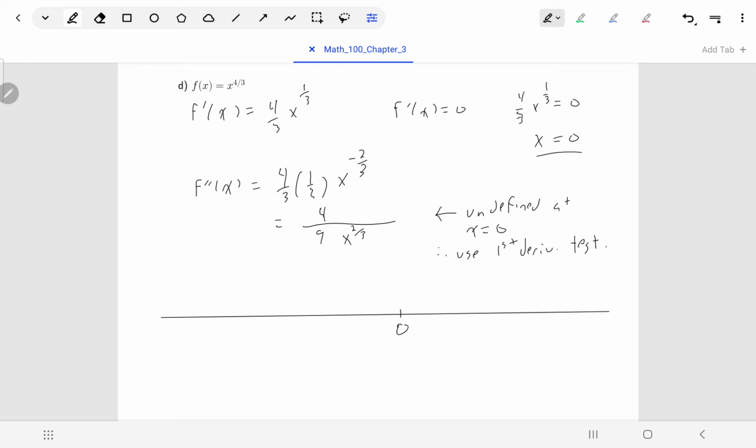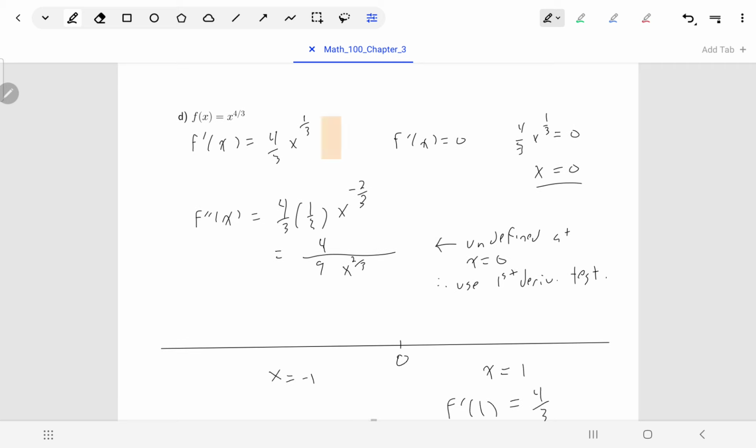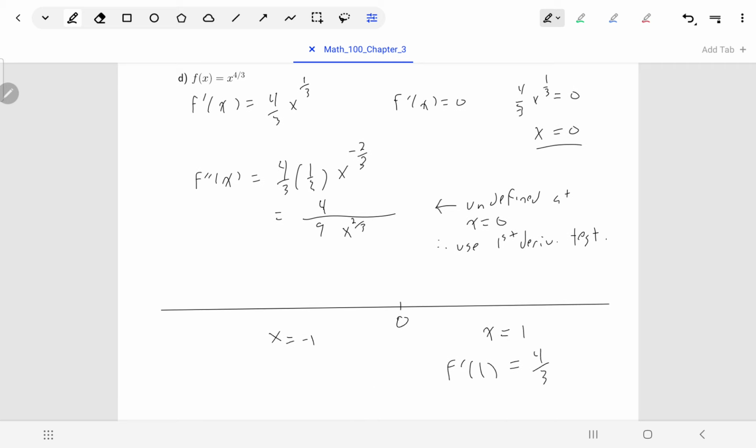And as a reminder, for me to use the first derivative test, I pick an x value on either side. So bigger than 0, I'll pick 1. Less than 0, I'll pick negative 1. And then we use our first derivative to figure out, is our function increasing or decreasing on that interval? So when x is equal to 1, in our first derivative, putting in 1 would give me 4/3.